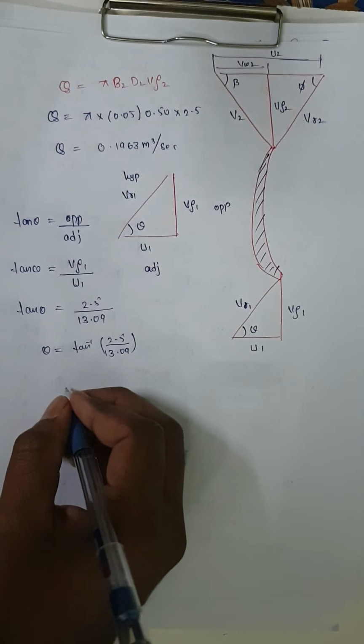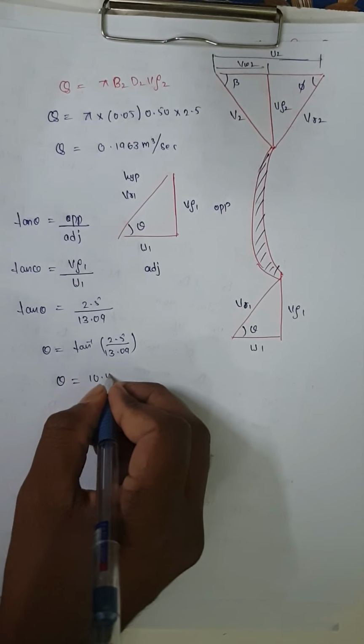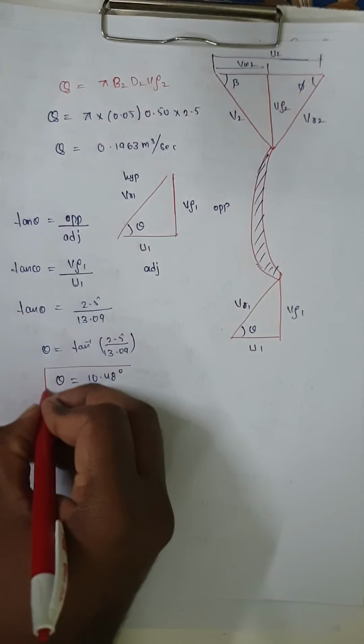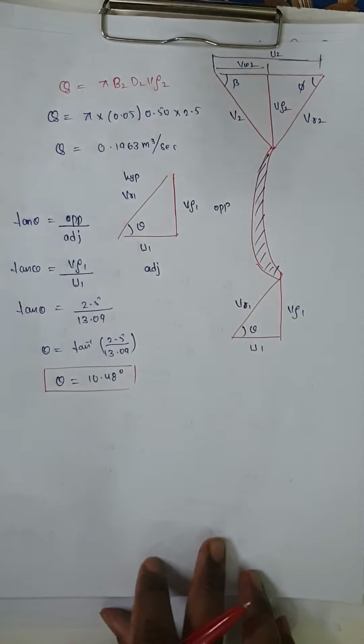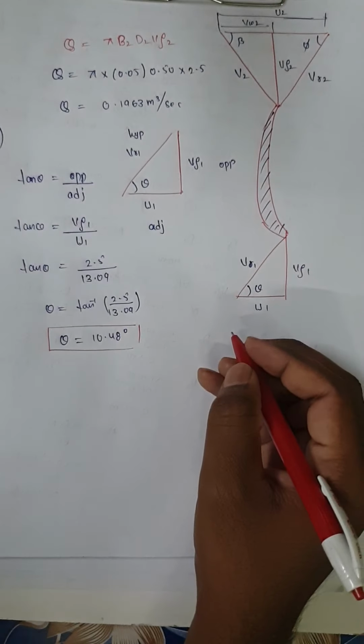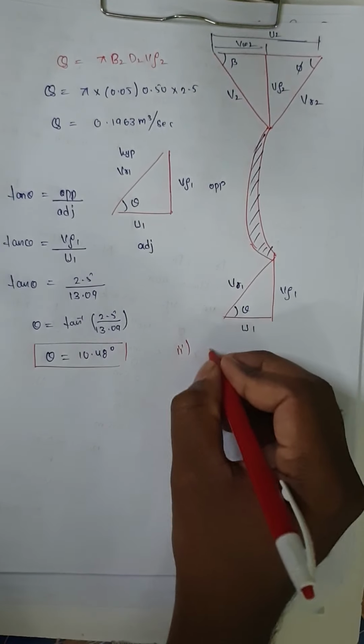If you solve this, you will get theta equal to 10.48 degree. This is the value of theta. First bit is completed. Then the second bit is asking to find out the value of work done. Next you have to find out the value of work done.